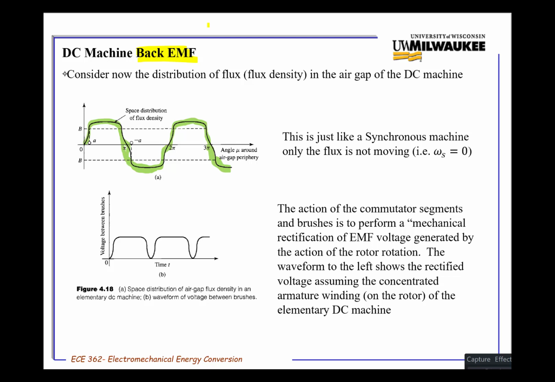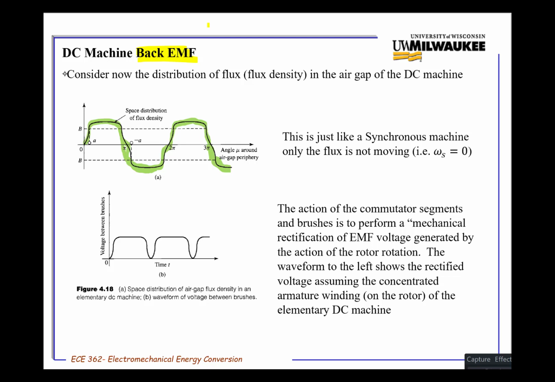In this case, we're going to use all of the flux. We're going to use the harmonics too. So it has this shape, and you design the machine to get a shape as close to a trapezoid as you possibly can. And why is that?